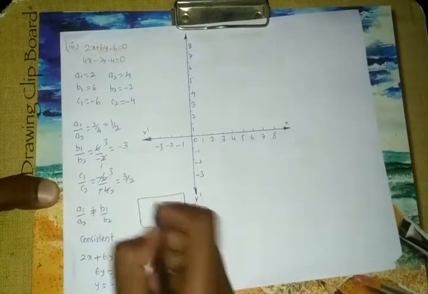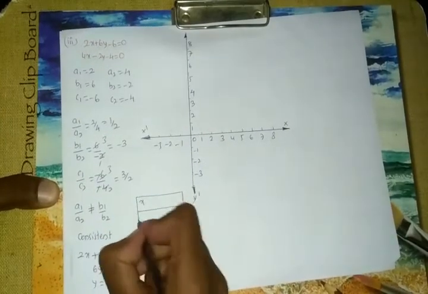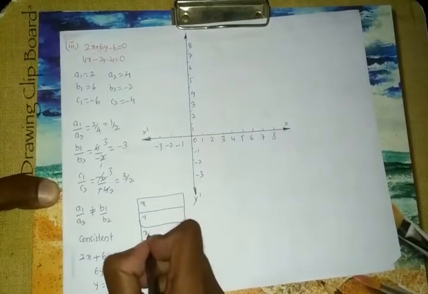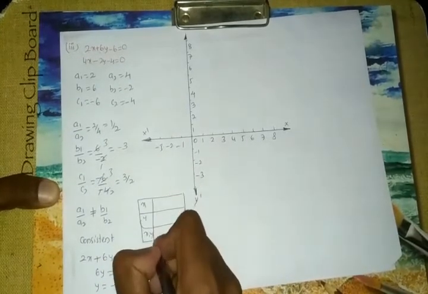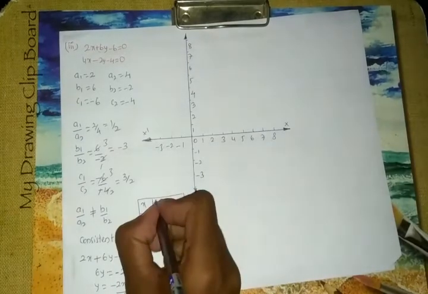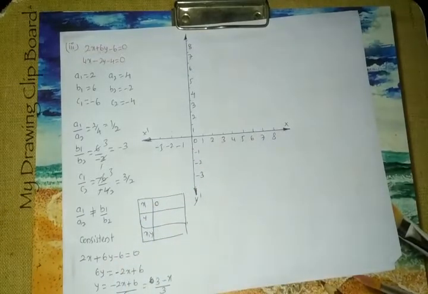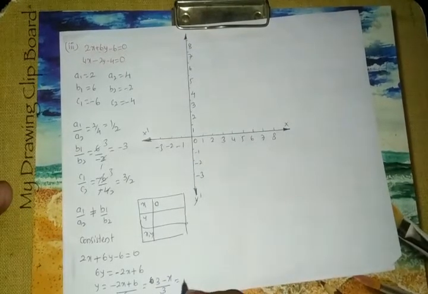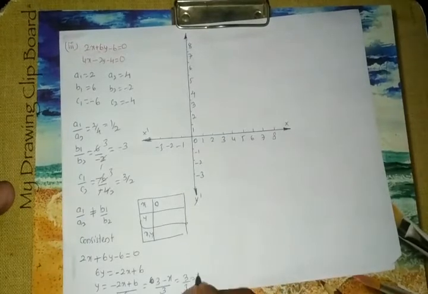Right. So let me draw a table containing x and y. Randomly I will take any value of x. Let me start with 0. When I take x as 0, I will get the value of y as 3 by 3 equals 1.